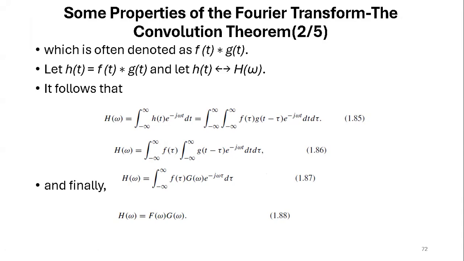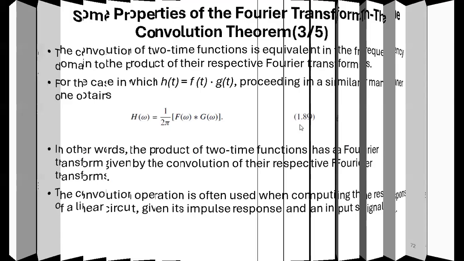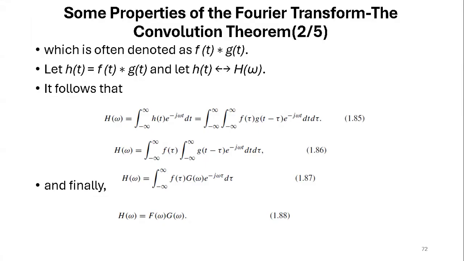If we set H(omega) to the integral from minus infinity to infinity of h(t) e^(-j omega t) dt, that is called the double integration. So f(t) convolved with g(t) is the integral of f(tau) g(t minus tau) e^(-j omega t). First we have to do f(t), and after that g(t); the two integrations we have to do in this.